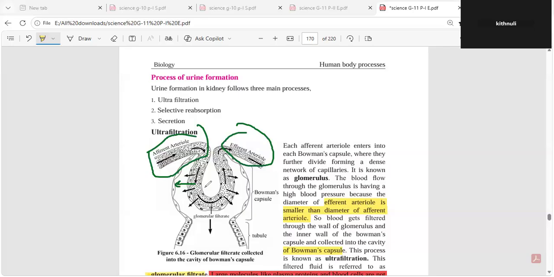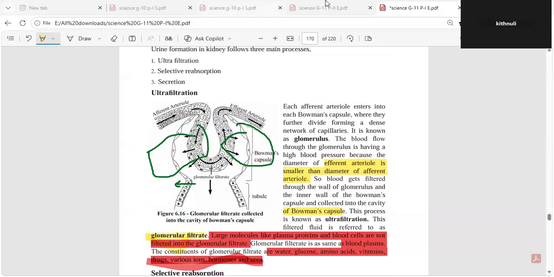That filtered blood is called what? Glomerular filtrate. This process is called what? Ultrafiltration. Right? So this filtered blood will be collected in the Bowman's capsule. Now the problem is, it is not a problem actually. That's the nature.